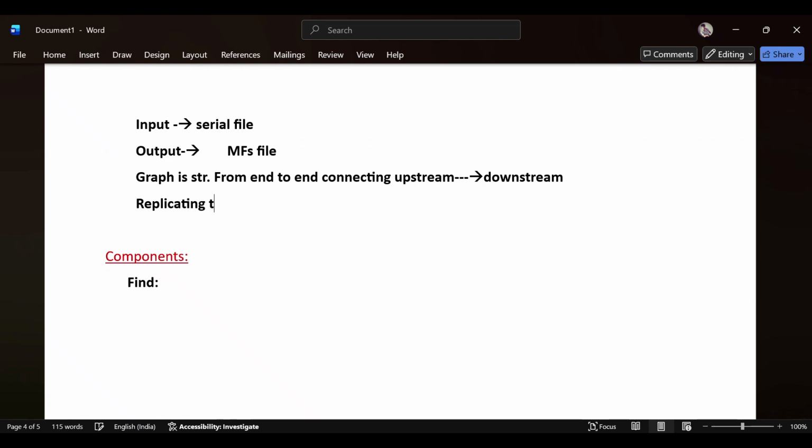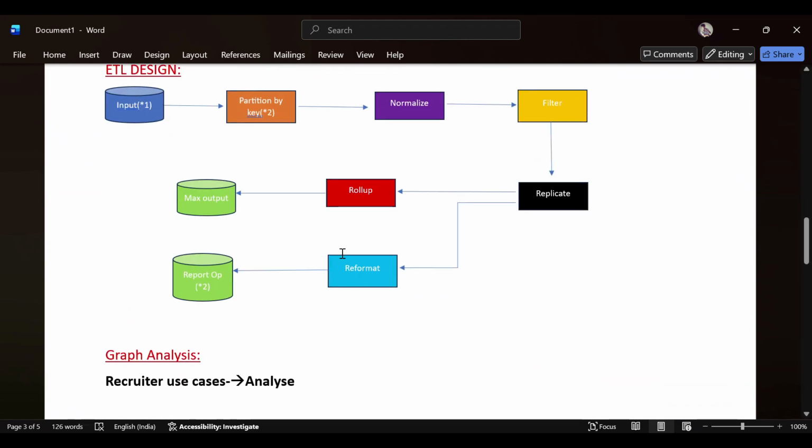After replicating the data, we take the same data to two different components.